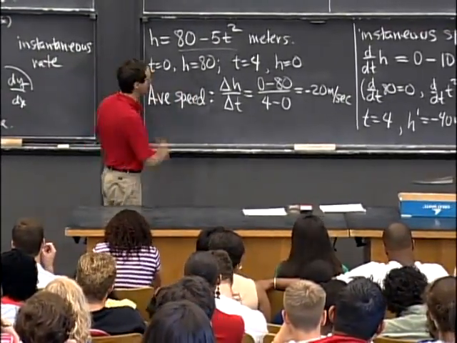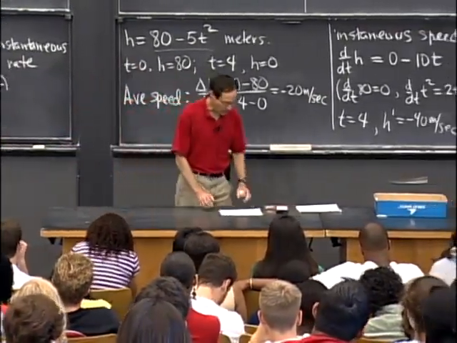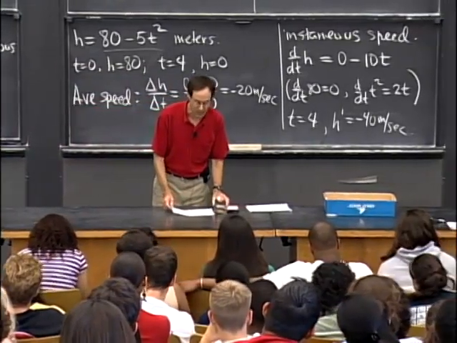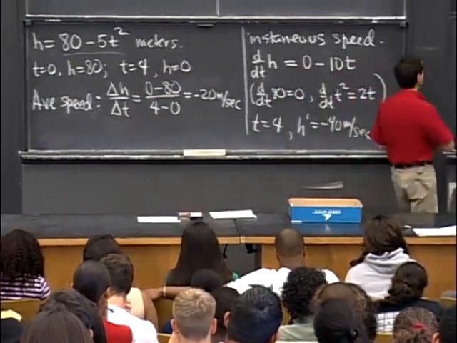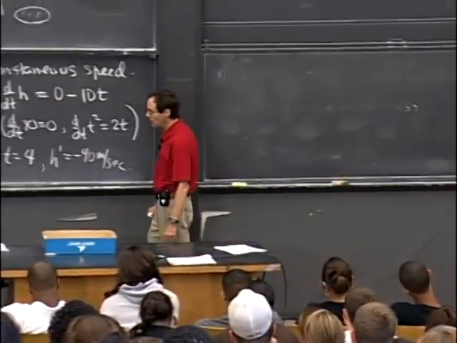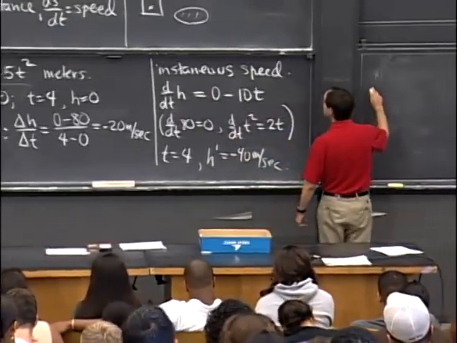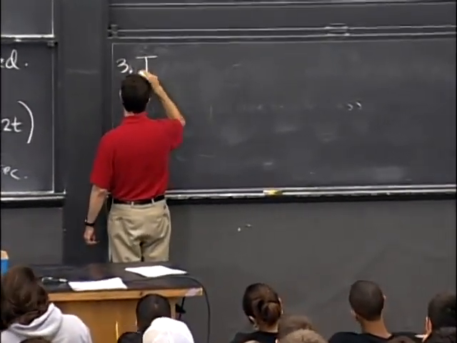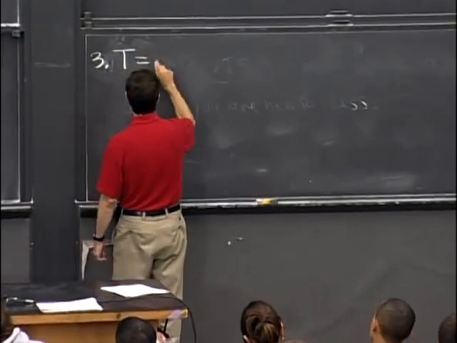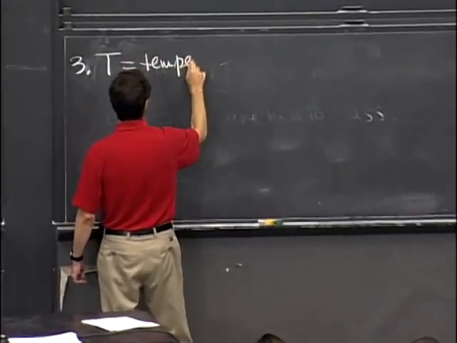If it were only this kind of physics that was involved, then this would be a much more specialized subject than it is. And so I want to give you a couple of examples that don't involve time as a variable. So the third example I'll give here is the letter T, which often denotes temperature.